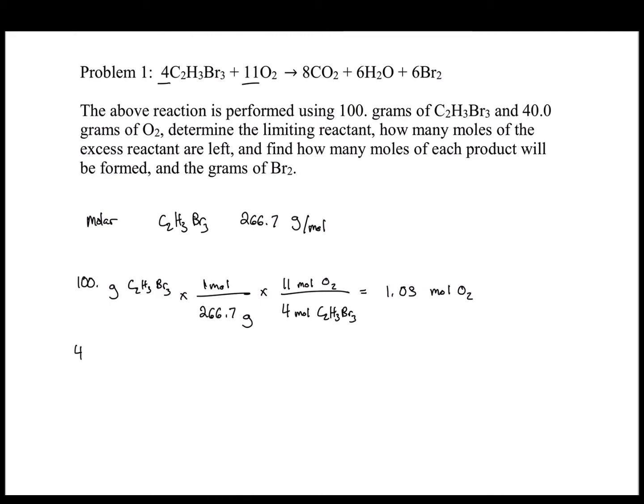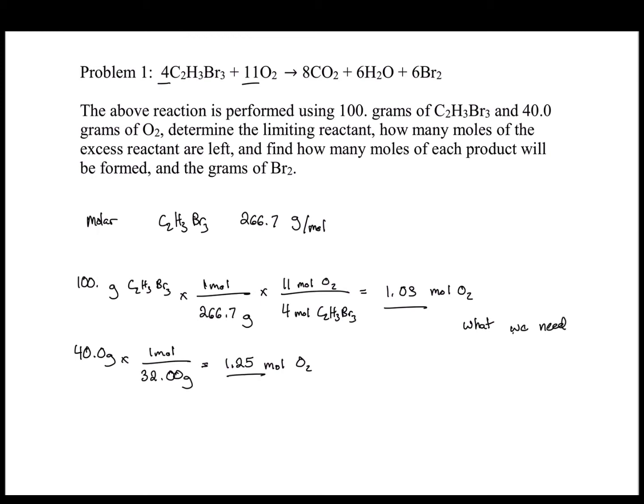We know that we had 40.0 grams. The molar mass of oxygen is 32.00 grams per 1 mole. And so we know that we have 1.25 moles of oxygen. So this right here is what we need.